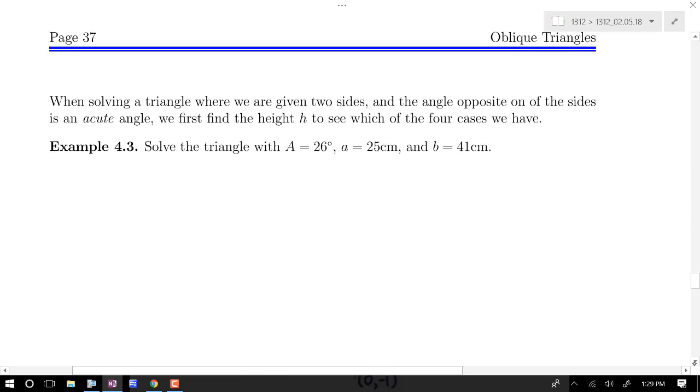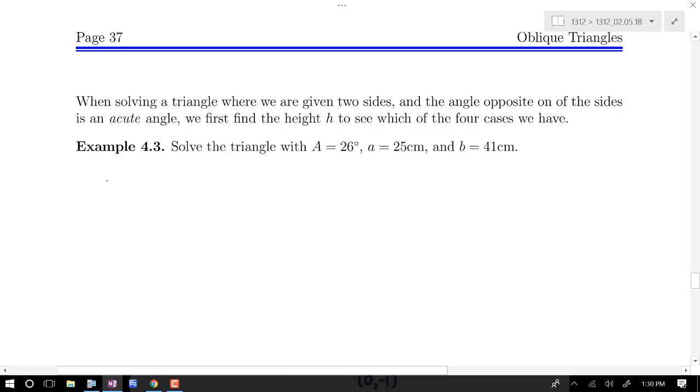So in example 4.3, a lot of the problems, by the way, look like this. They don't draw the triangle. They give you a list of information, with the understanding that side A is opposite angle A, and likewise, we try to make our own sketch. So here, they say angle A is 26 degrees. So what does that look like?